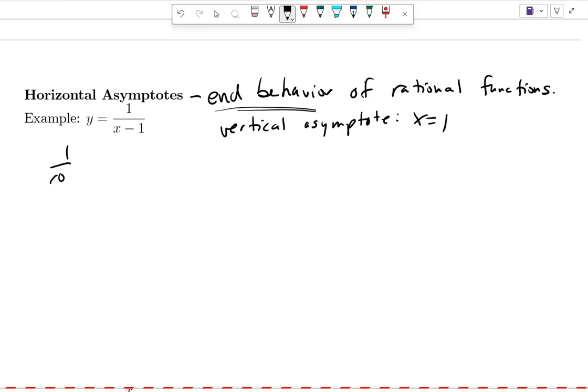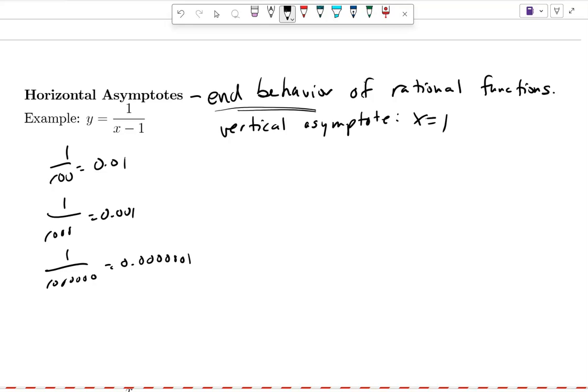Because 1 over 100 is 0.01. 1 over 1,000 is 0.001. 1 over 1,000,000 is 0.000001. I have one too many zeros in that one, but they're getting really, really close to 0, right?